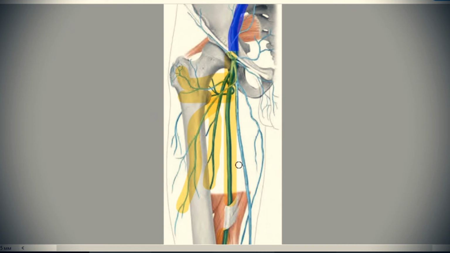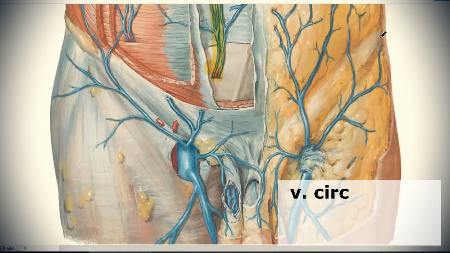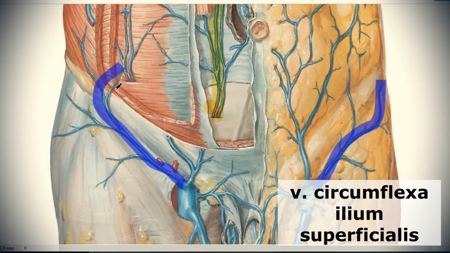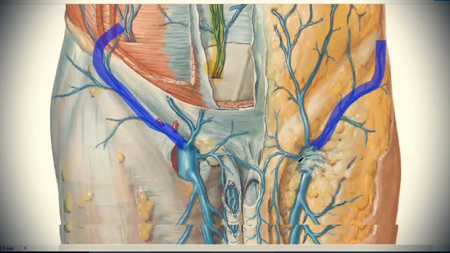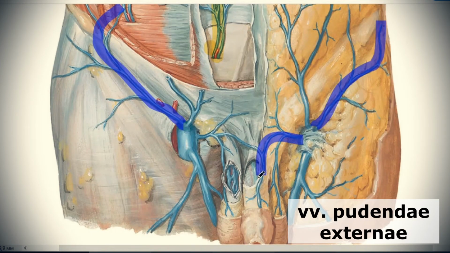and sartorius. And a few superficial branches that are, as you can see here, vena circumflexa ilium superficialis, that makes anastomosis with the deep circumflex ilium vein. Then it's vena pudenda externa. Here are the external pudendal veins that drain blood from external genitalia.